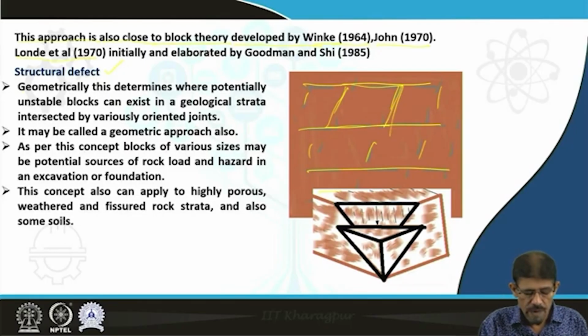Therefore, it geometrically determines potentially unstable blocks that can exist in geological strata intersected by variously oriented joints. Therefore, it is also called the geometrical approach in association with the structural defect approach.